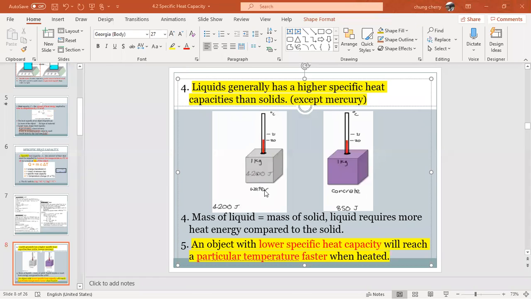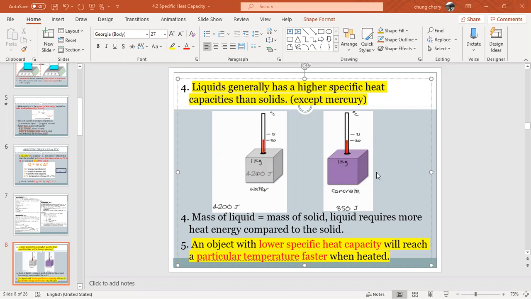For water, you see it needs 4,200 joule of heat in order to increase the temperature by 1 degree Celsius, which is from 20 to 21. But for concrete, it just needs 850 joule in order to increase the temperature by 1 degree Celsius. So which means that the lesser the heat needed for an object, we will say that the object has a smaller specific heat capacity.